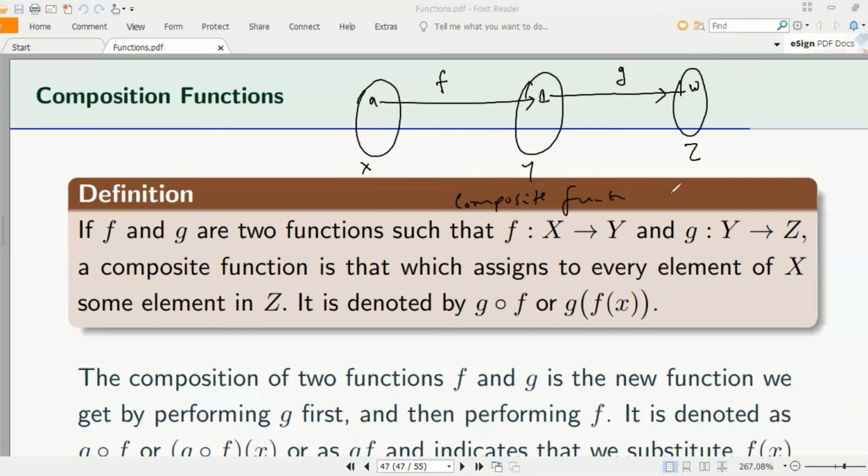How do we denote it? This is denoted by g composition f. So this is a composite, one function. g composition f means we place f of x inside g of x.